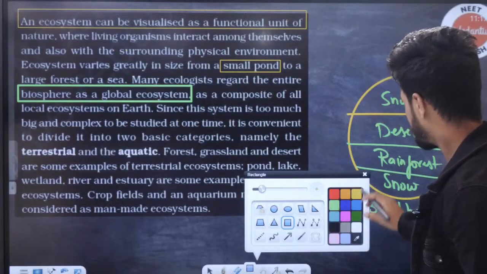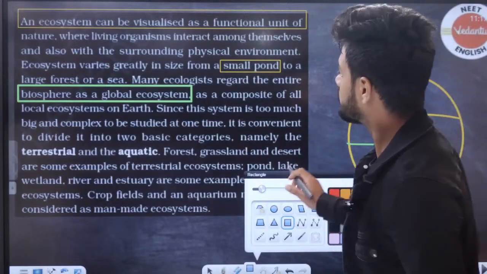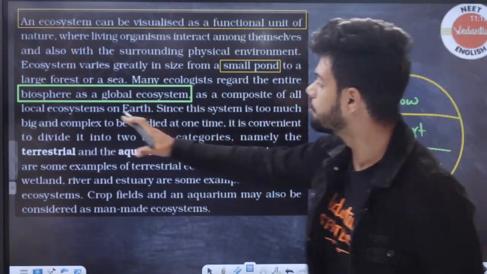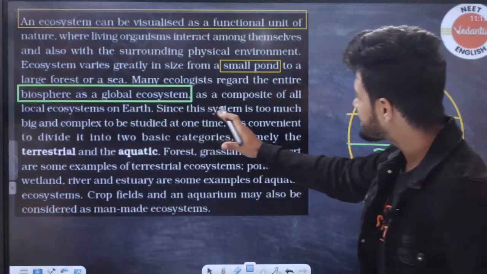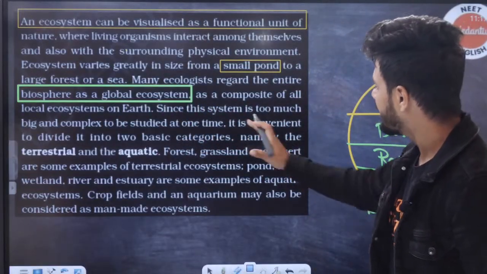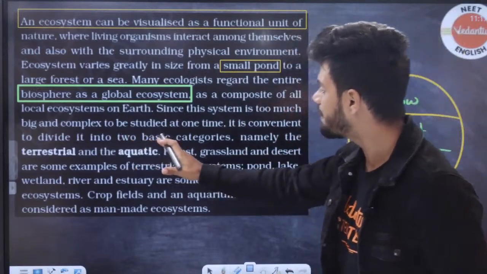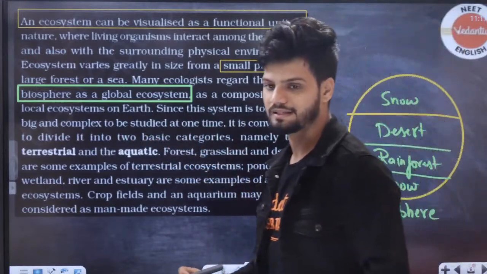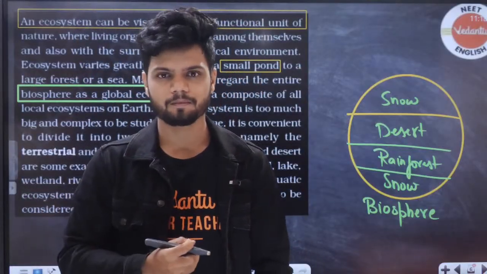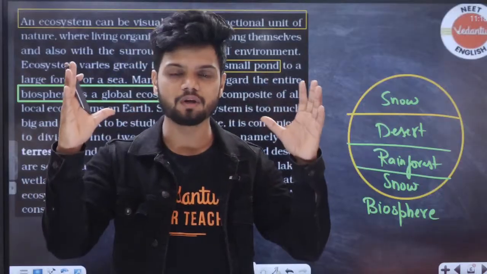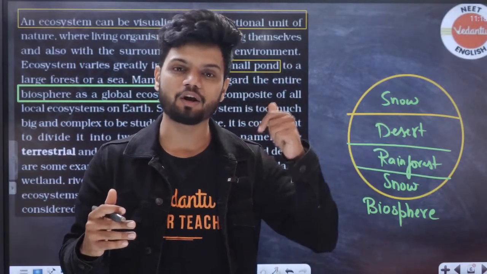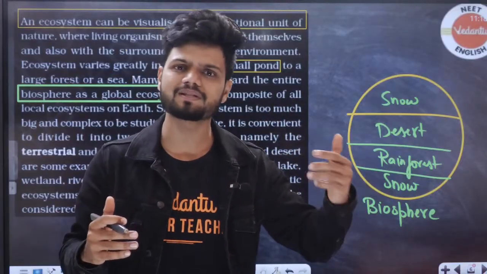Now, the biosphere, as a global ecosystem, is a composite of all local ecosystems on Earth. Since this system is too big and complex to study at one time, it is convenient to divide it into two basic categories. For example, in your school, can we keep the entire school as one unit? Not possible. We cannot teach all the way from class 1 to 12th in one single classroom.